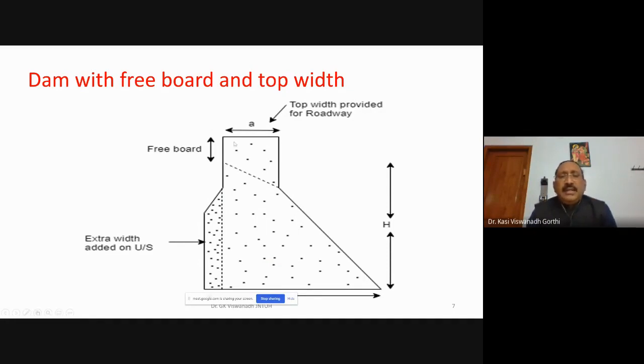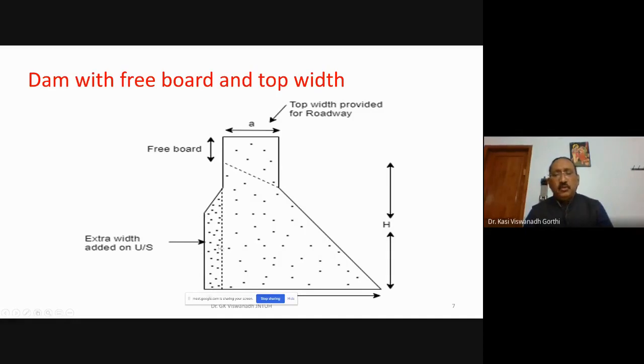You can see here there is a freeboard provided and there is a top width provided. Based on various pressures which are coming onto the dam, the base width may not be sufficient to resist all the forces coming onto the dam section, in which case, instead of having a vertical upstream face, you may have a little inclined upstream face like this.